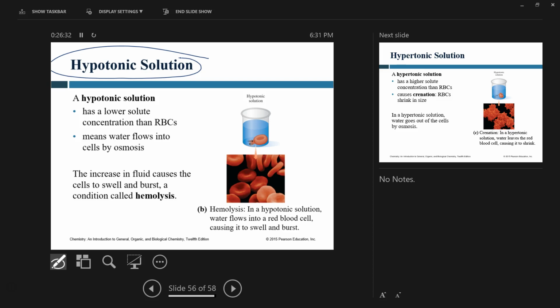Now, in a hypotonic solution, let's say you have a bag which contains 0.9% sodium chloride, and on the outside of that bag you have distilled water, which means 0%. So which solution is more concentrated? The one in the bag.